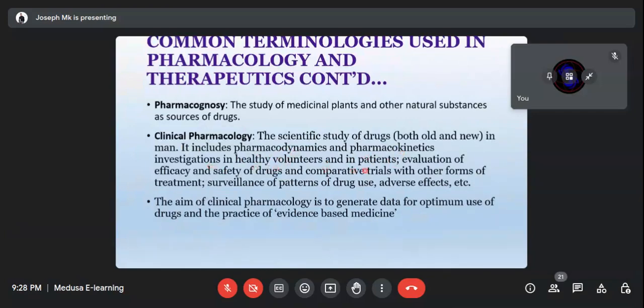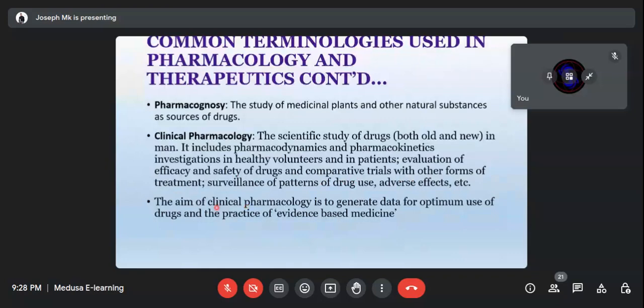It involves investigations in healthy volunteers and in patients, evaluation of efficacy and safety of drugs, and comparative trials with other forms of treatment. The most important thing that I want you to pay much attention to is the aim. What is the aim of clinical pharmacology?